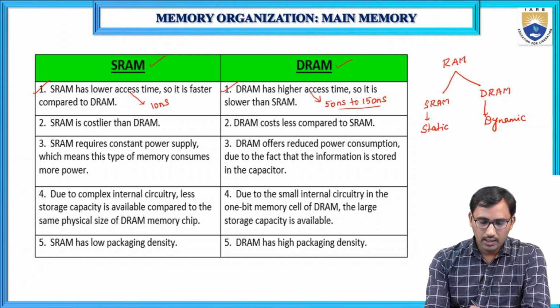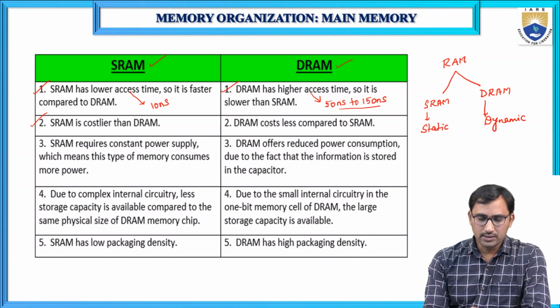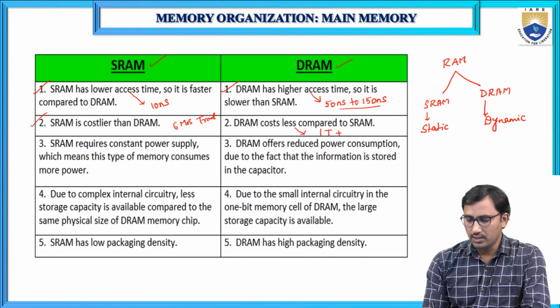Second one, SRAM is costlier than DRAM. Because for the manufacturing of the SRAM cell, we require 6 MOS transistors, whereas for the construction of the DRAM cell, it takes one transistor plus one capacitor.